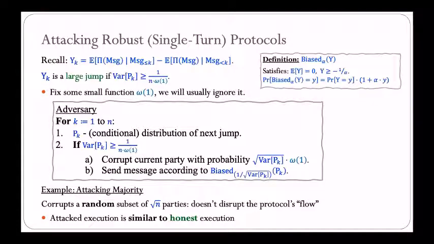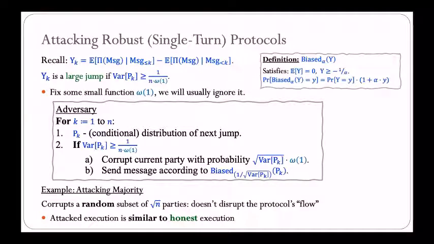Oh, great question. So this is a technical detail I was hiding. So the question was, how do we understand what message we need to send so that the jump will distribute like the biased distribution of PK? So we have some mapping between messages to the jumps they induce.